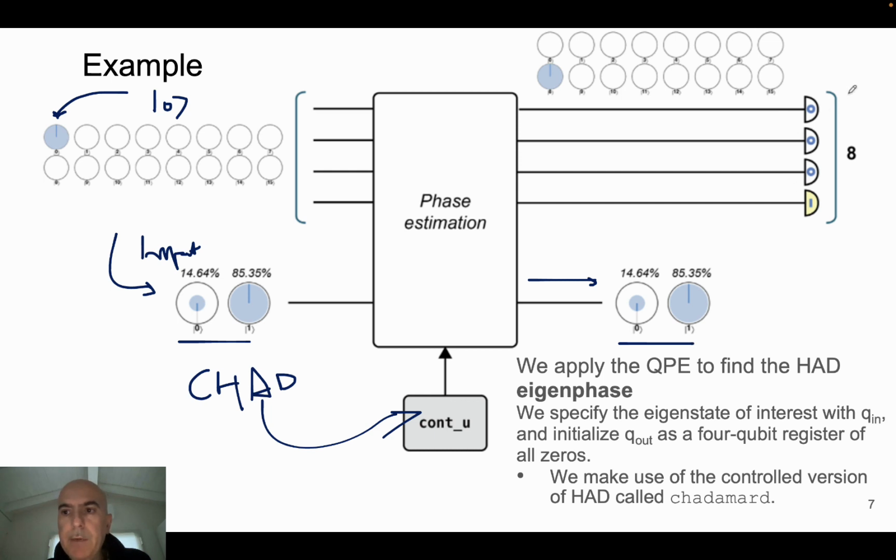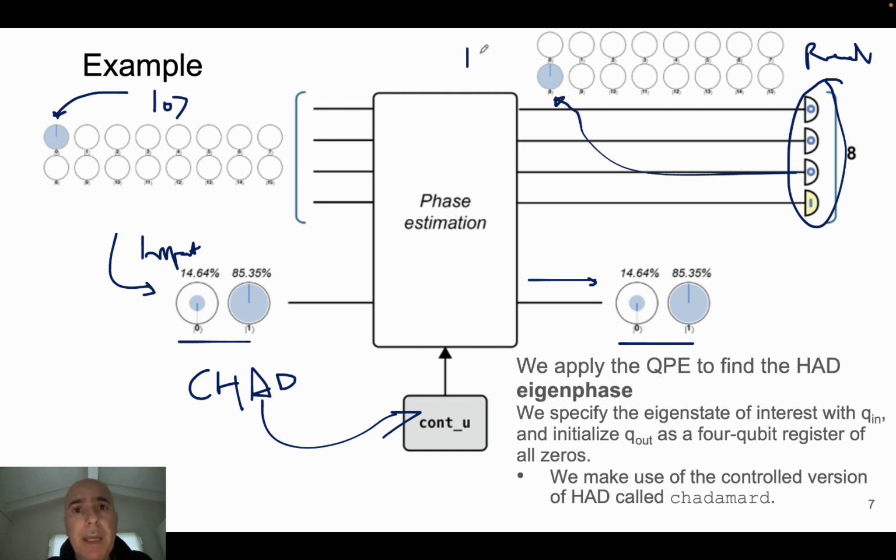Then we have the result, the eigenphase, encoded in binary in the Q out quantum register. Then we do a read operation here, and we obtain the eigenphase encoded as a binary number. This is 0, 0, 1, corresponding to the quantum state.